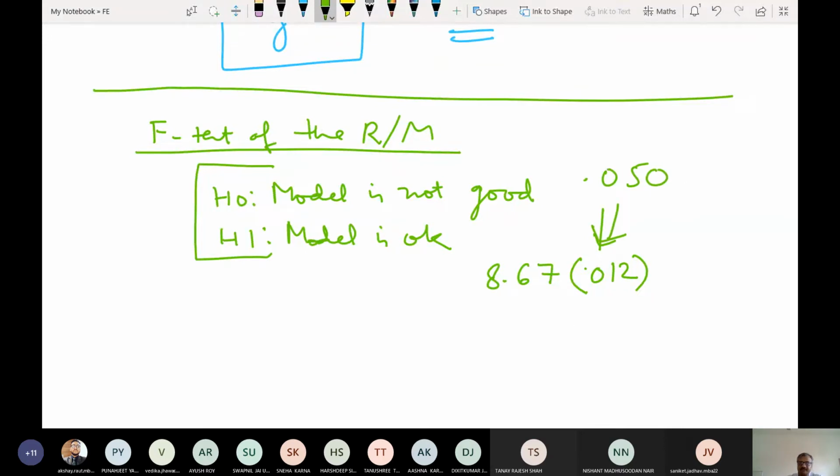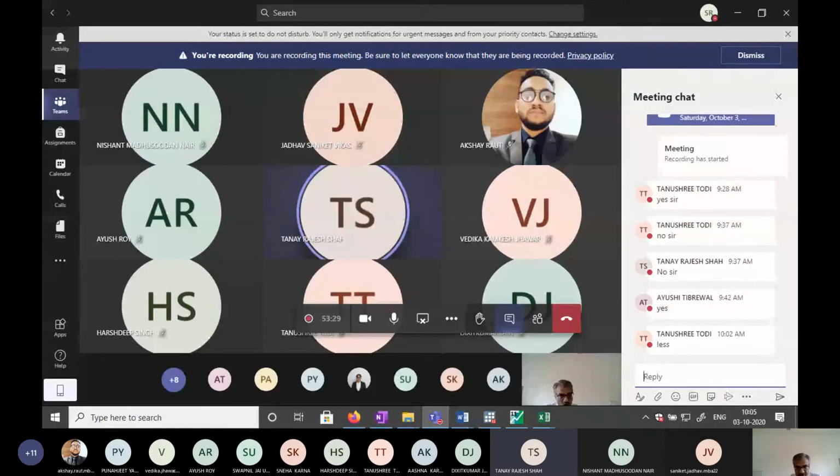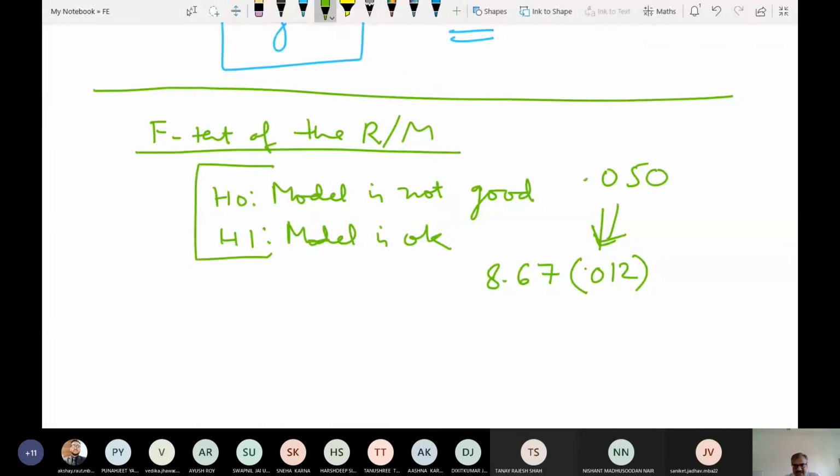Is it less or more? Yes, less. All of you are on the same page, no confusion. 0.012 is less than 0.050. If you multiply both by 100, one is coming out to be 5.0 and the other 1.2. So obviously 0.05 is more than 0.012.